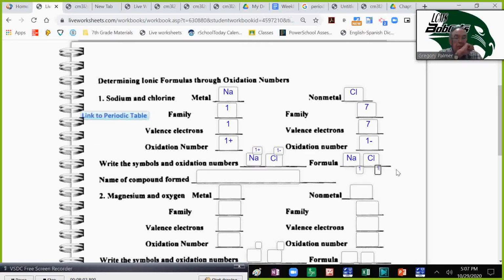Now, in high school chemistry, you would not put the 1s because like in math, if it's 1x, you don't have to write 1x, you just write x. So you would just write NaCl. The 1s don't make it wrong. It's 1 sodium and 1 chlorine. And the name of this compound is, we always use the name of the first element, the name of the metal, sodium, and then we put IDE on the end of the second one. So it'll be chloride.